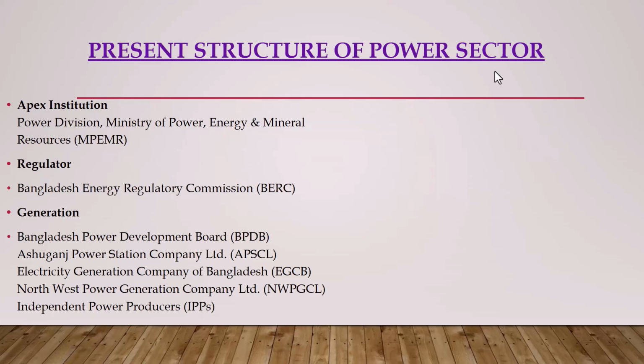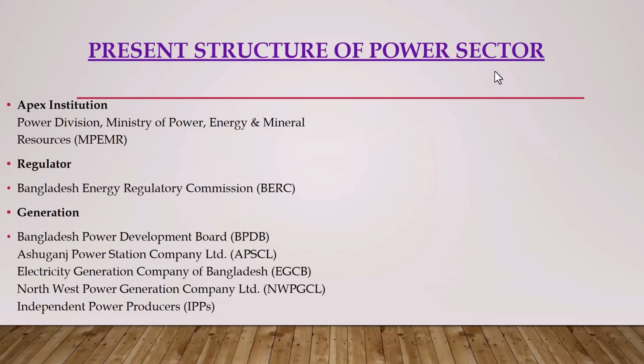It's now a collaborative system where public and private generators work side by side to meet the growing demand for power. Or to put it another way, the generation landscape has diversified, with multiple players involved to improve efficiency, increase capacity, and reduce dependency on any one institution.